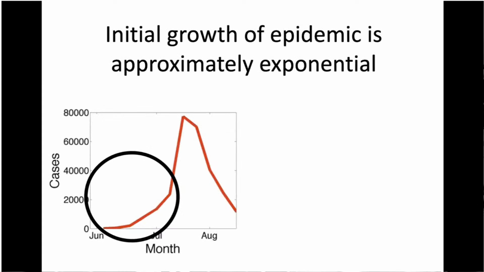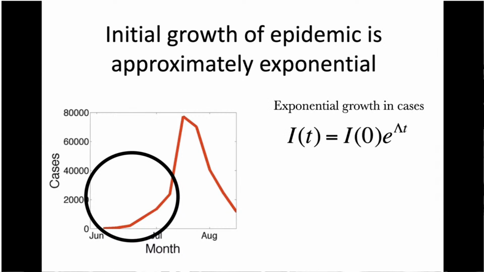We can take advantage of the fact that initially during the epidemic, the increase in the number of cases has an exponential form, and use that to estimate R naught early on in an epidemic. And if the cases are increasing exponentially, then this will really be the formula.